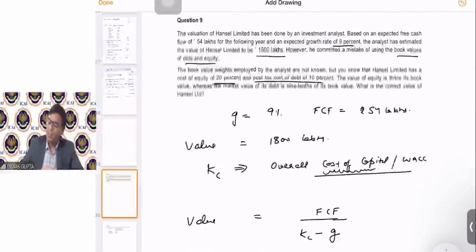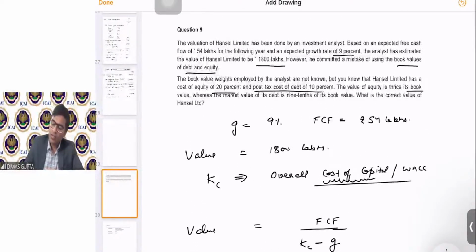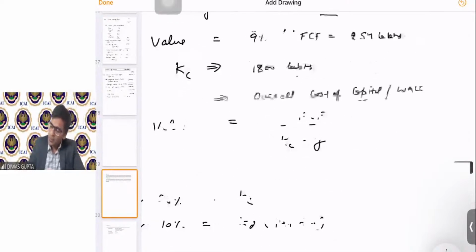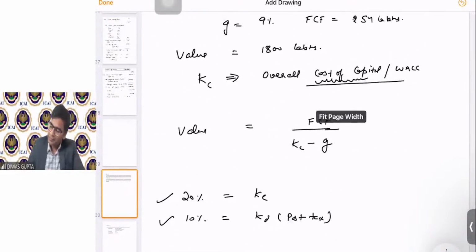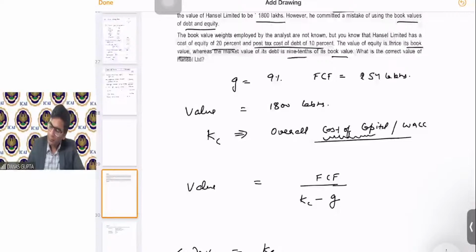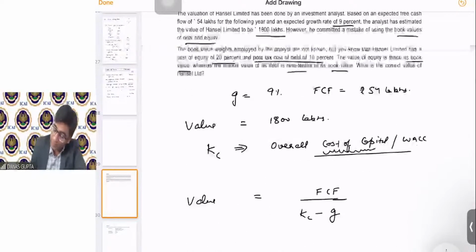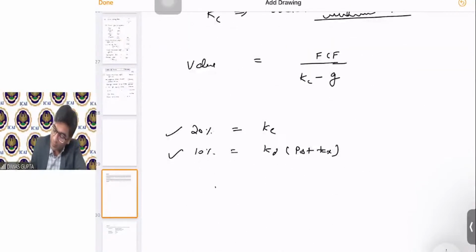The value of equity is thrice its book value, whereas the market value of its debt is 9/10 of the book value. That also they have given. So what they are saying is the correct value of equity is 3 times book value, correct?